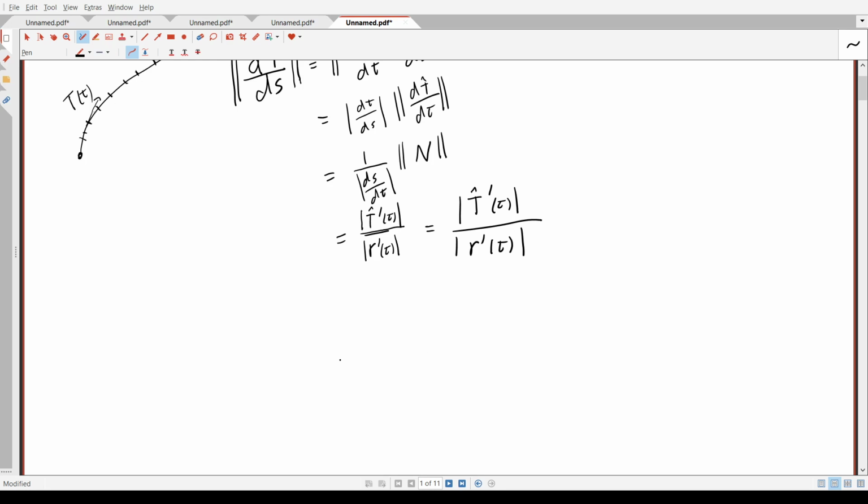Okay, so some of the other formulas that we have, we derived this other one. So this is the curvature, right? These are all the curvature. They all represent the same thing.